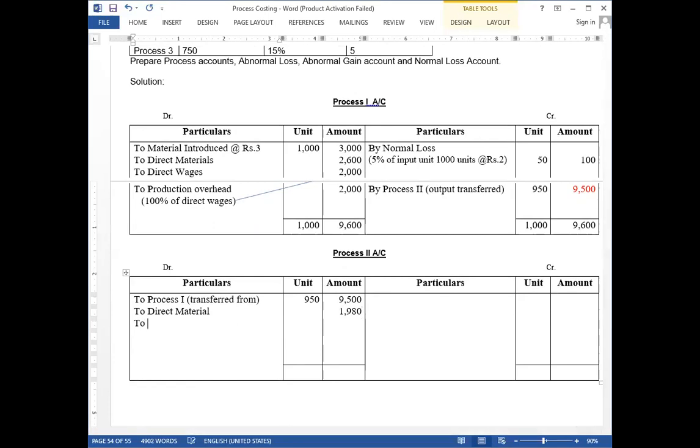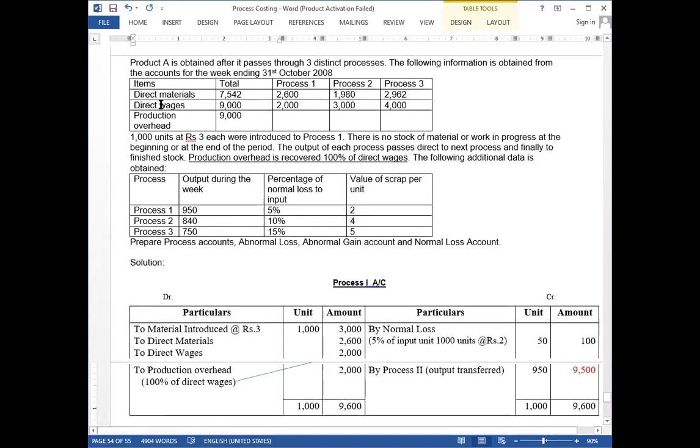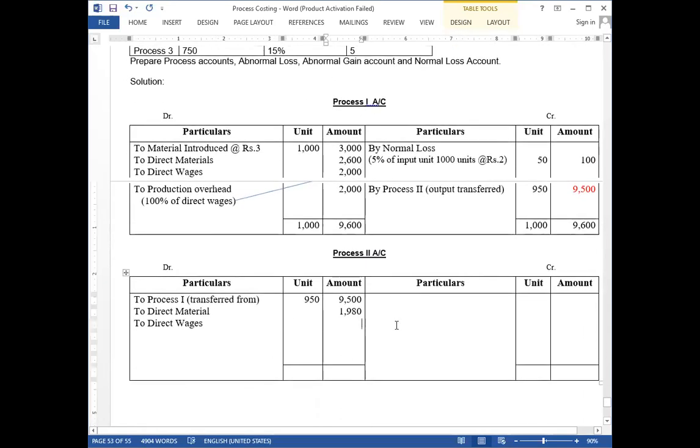Next is to direct wages. What is the amount of direct wages? It's given as 3,000 rupees. Write the 3,000 in the amount column only. Next is to production overhead.